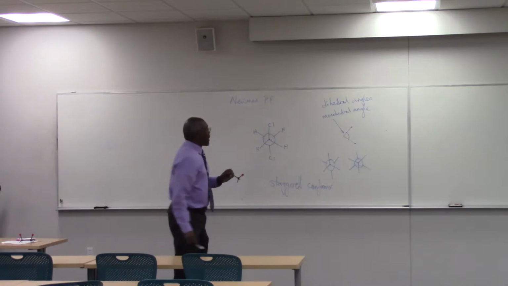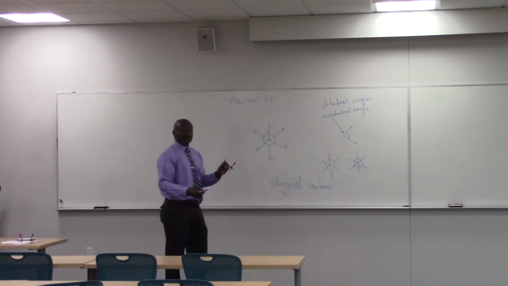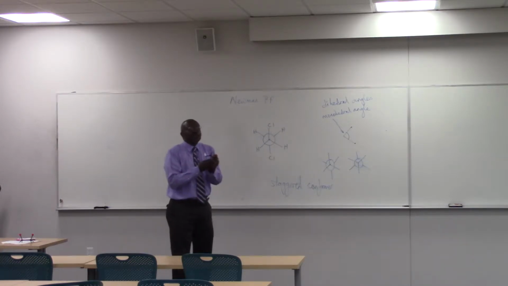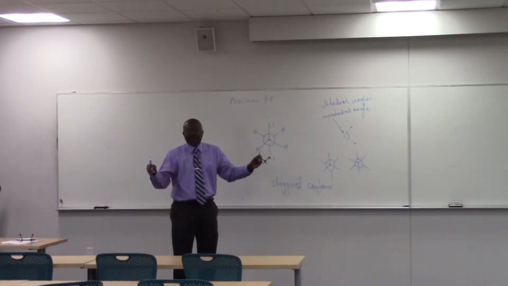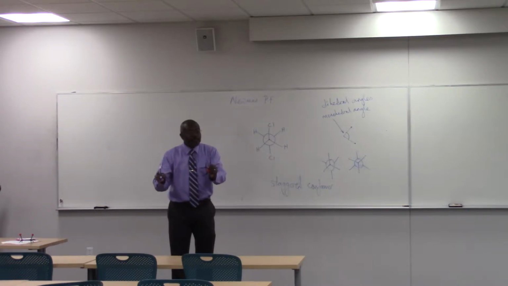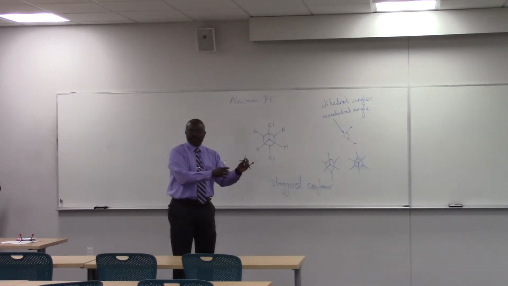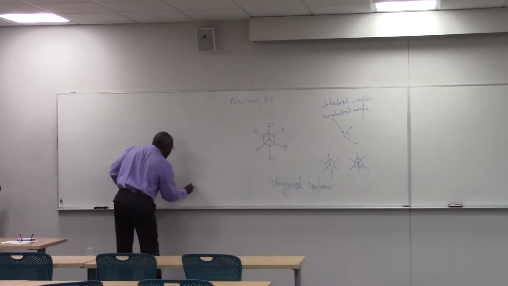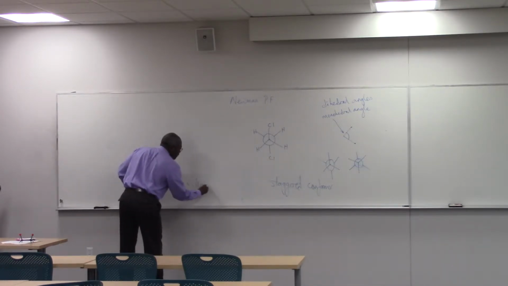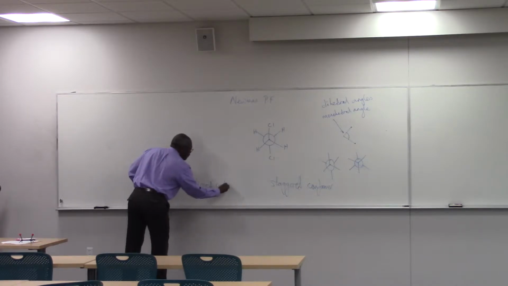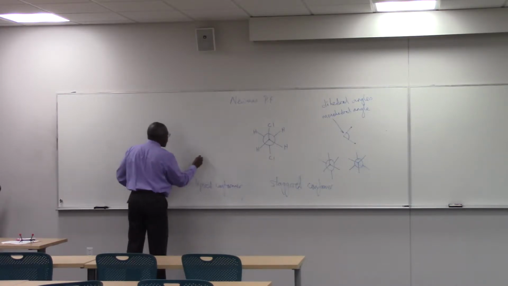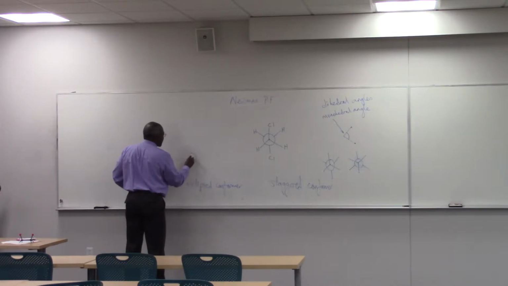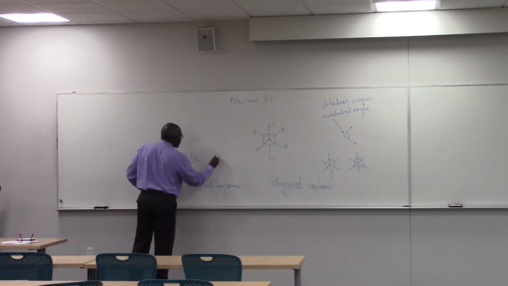So I would call that an eclipsed conformer. So fundamentally, as far as we're concerned, we are dealing with two different subsets of conformers: staggered and eclipsed. Well, technically, if I look down an eclipsed conformer, I would see either this or this.